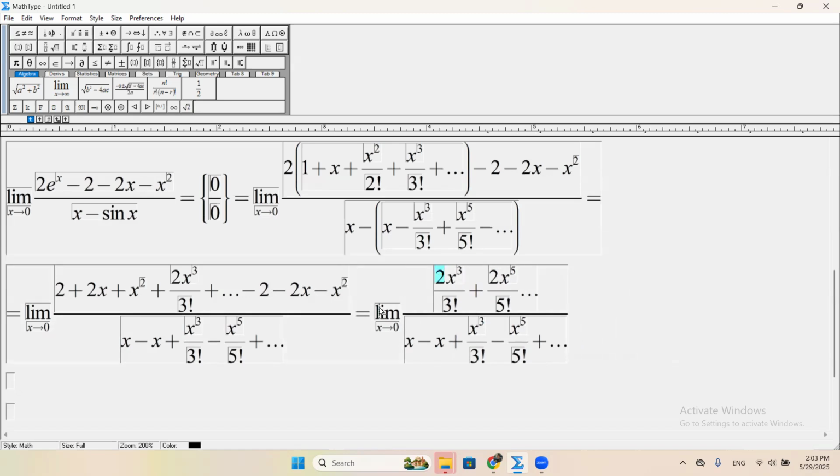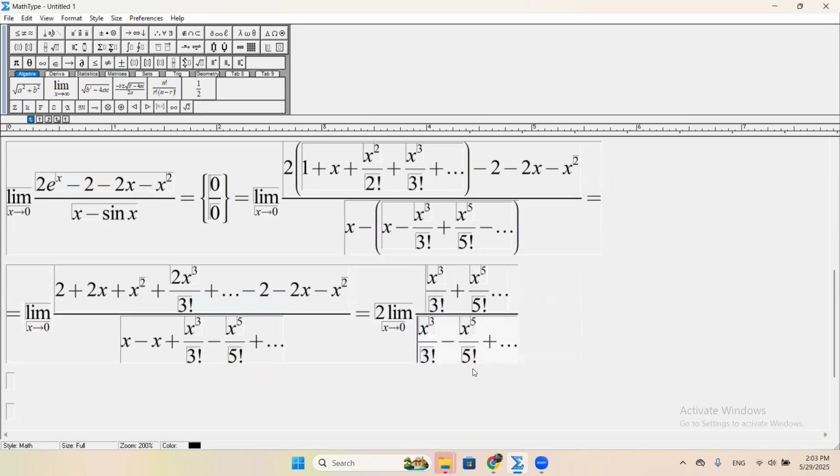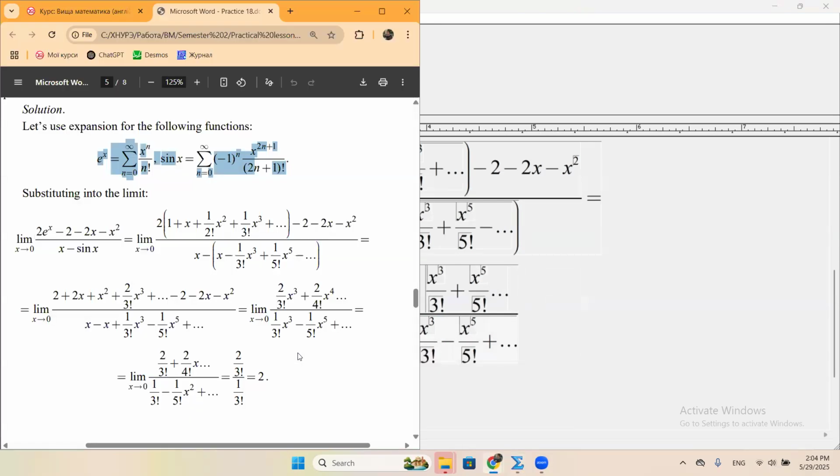Let me move 2 out of the limit sign for now. And here x is eliminated. And what I actually can see, let's look at what is done here.